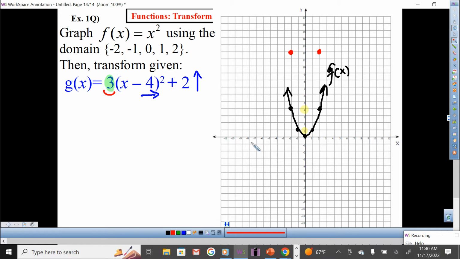Original was 1 of y. So Fabian, what would be our new y value for those points? 3. Hands if you got 3. So at -1, 3 and 1, 3, plot that. And of course, the vertex doesn't change. 0, 0 stays the same. So sketch that in red.